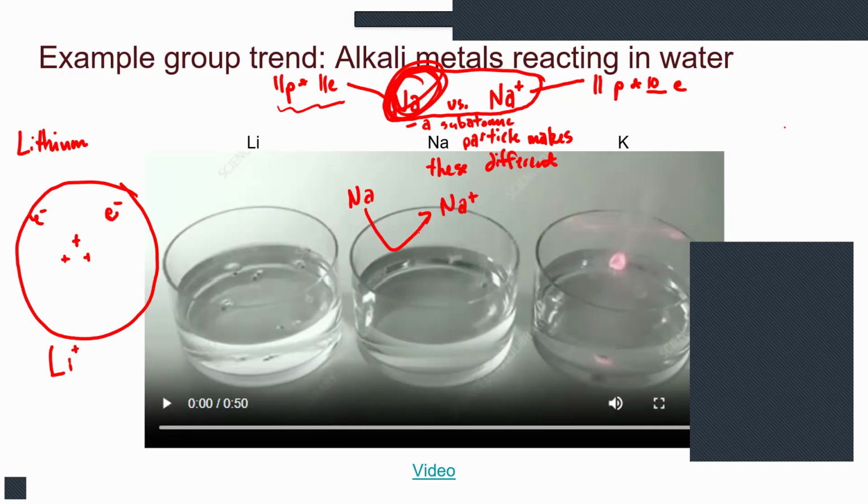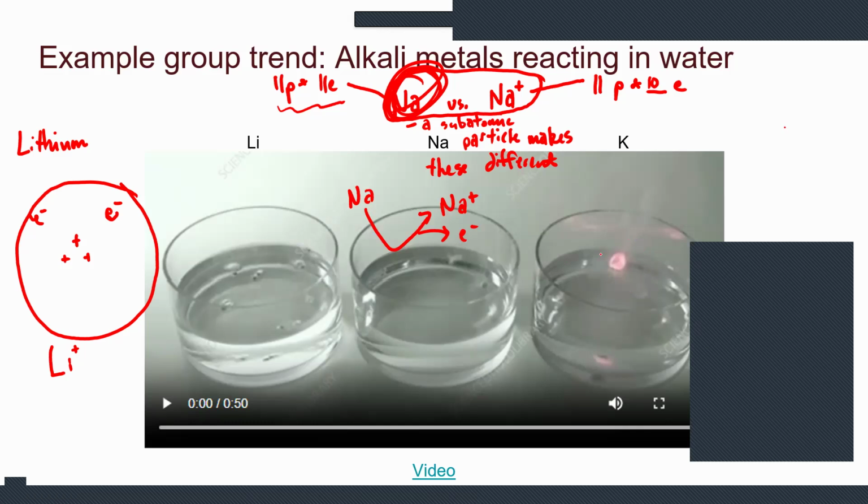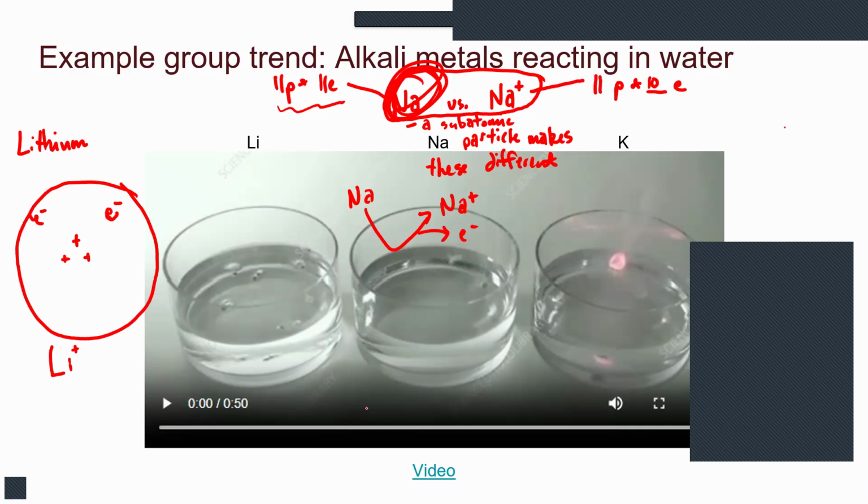It loses one electron. When it loses that one electron, it kind of begins to look like this. It loses that electron and gives off a lot of energy. It violently loses an electron. And arguably, it starts a fire, or a little bit of a fire. So this is the loss of one electron. So Na losing one electron kind of violently happens.